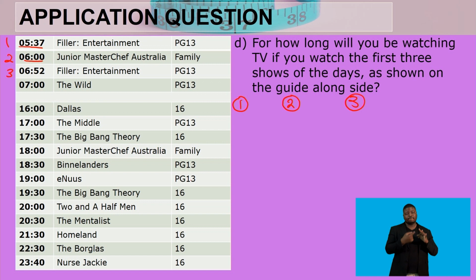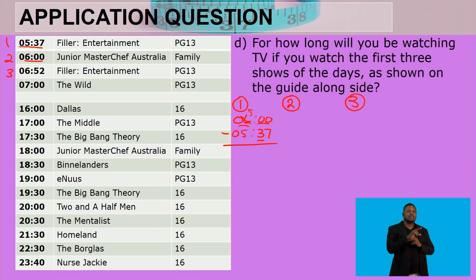So now we have to check how long each show takes. The first one ends at 6 o'clock, but it starts at 23 minutes to 6. So now let's find the difference between the 2 times. Because 0 cannot subtract 37, we have to borrow an hour. So when we borrow an hour, this is no longer 6, but it's now 5, right?